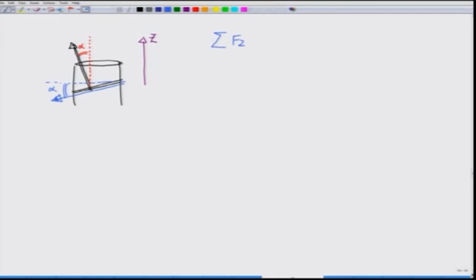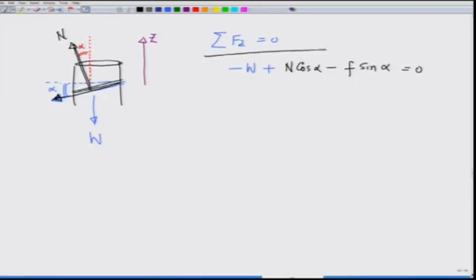So, Fz should be 0 when we are just about to lift, and therefore, I have weight acting down, which I will take to be the negative direction, plus the vertical component of N, which is N cosine of alpha, and the vertical component of the frictional force, which is acting down, which is going to be minus F sine of alpha, which should be 0. That is condition 1.